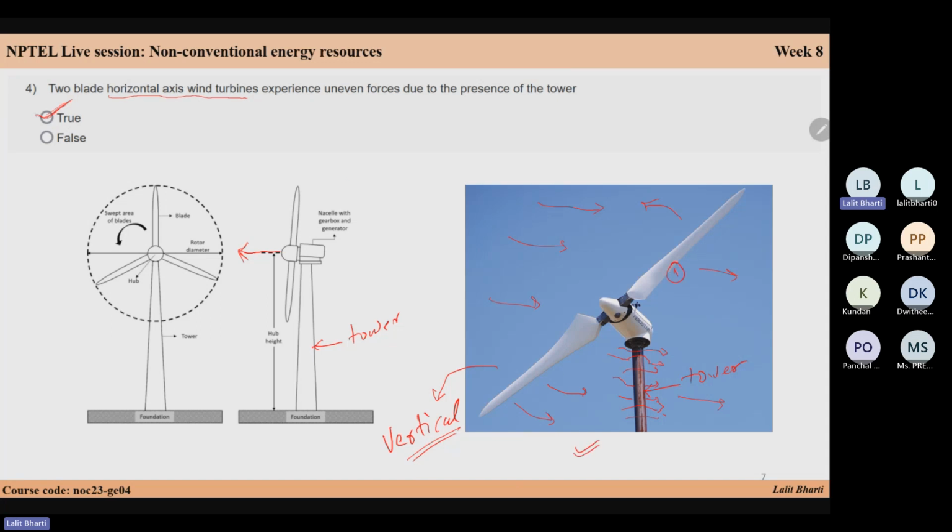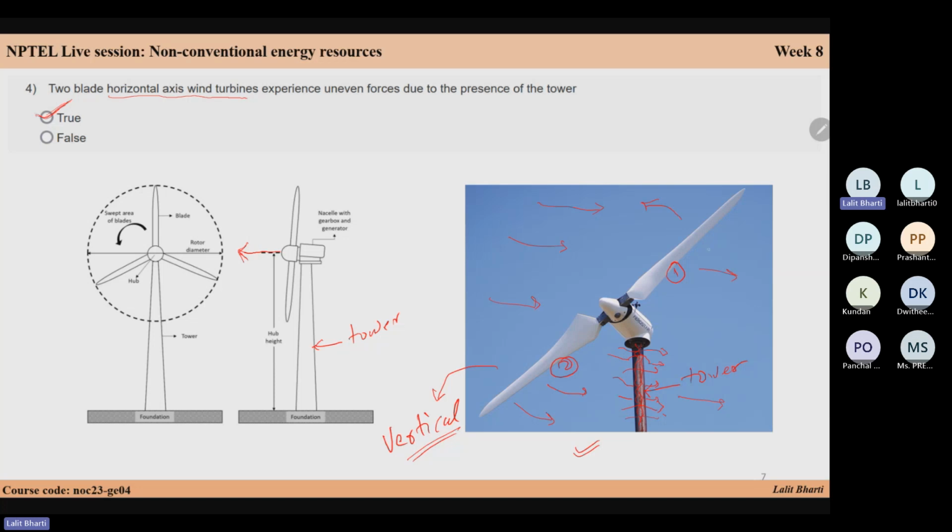This is blade 1, this is blade 2. We have seen that in the design of two blades only, this tower makes a hindrance and generates uneven forces during the rotation of these blades.